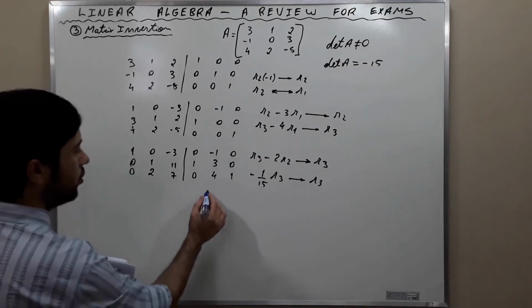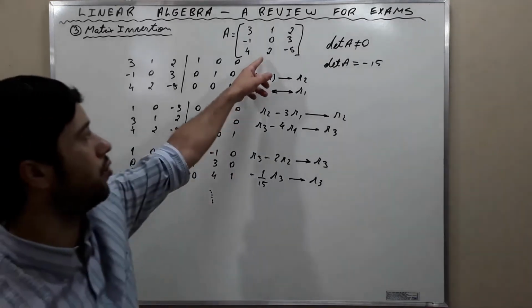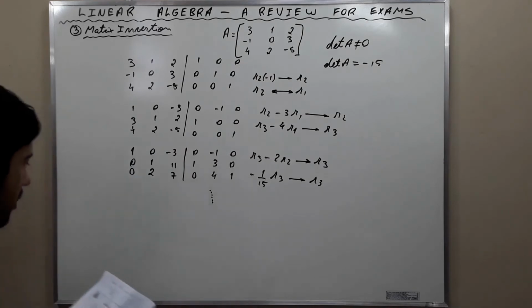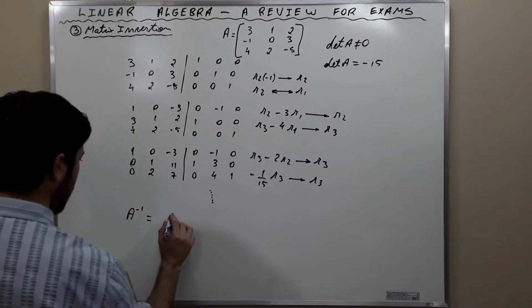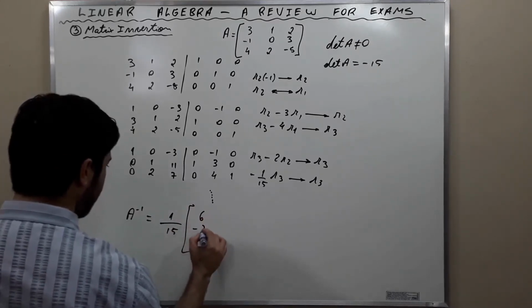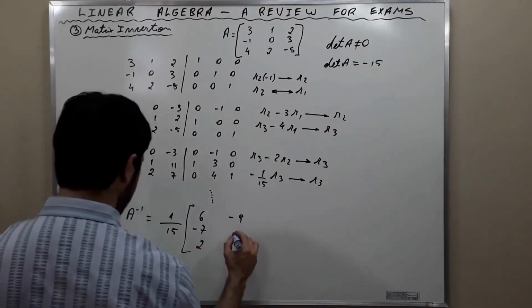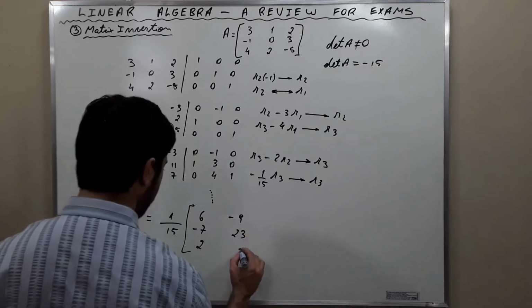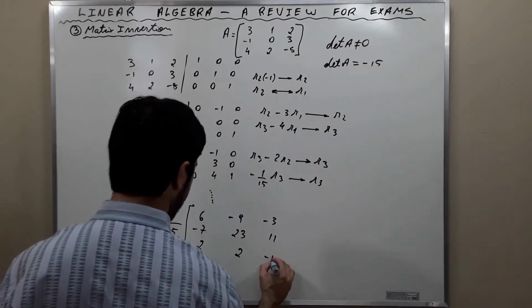And we are going to continue doing these operations until we have this matrix here, which is the inverse of the original matrix. The inverse matrix is going to be 1 over 15 times 6, -7, 2; -9, 23, 2; -3, 11, and -1.